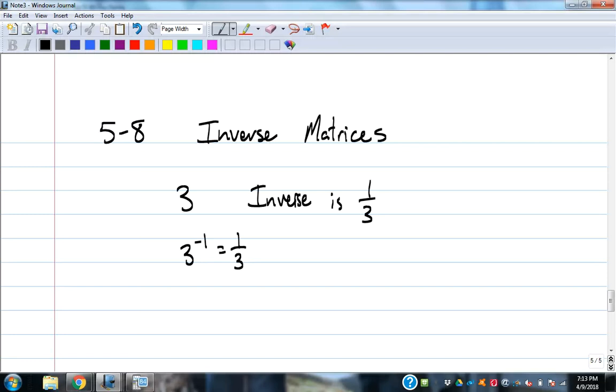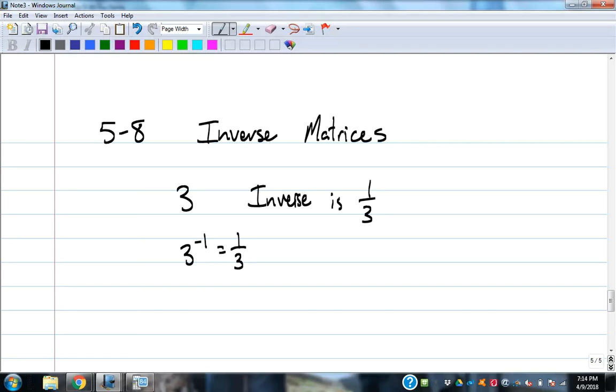Probably not. What happens if you multiply 3 times 1/3? You get how much? It's 1. So if you multiply something times its own inverse, you get back 1. The multiplicative inverse multiplication is always going to get you back a 1.